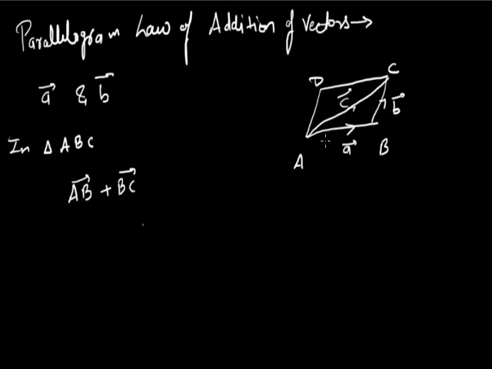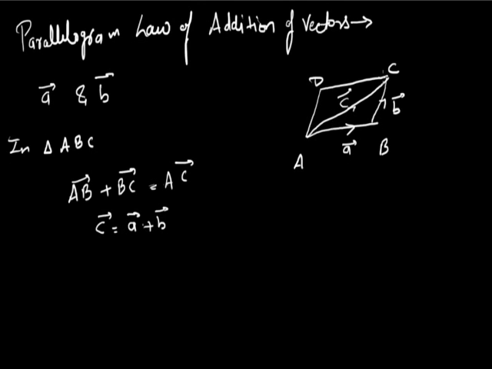The meaning of this is: move A to B, then B to C. Now A to C is the displacement from A to C. So the AB vector plus BC vector is equal to the AC vector. Now the c vector is equal to a vector plus b vector.